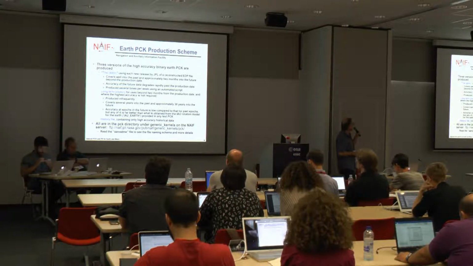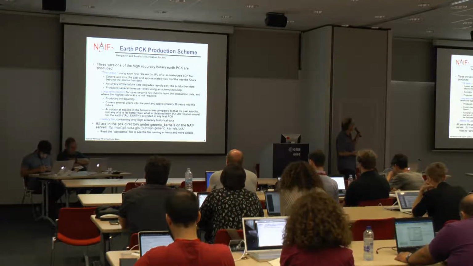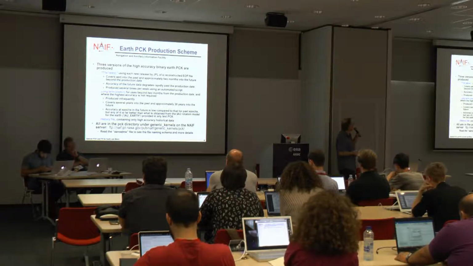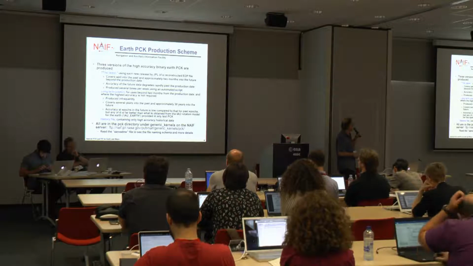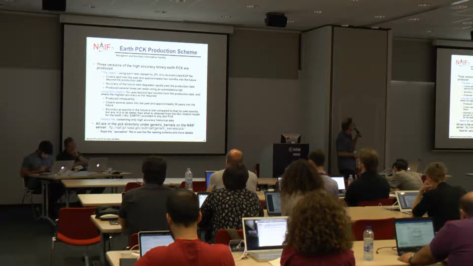And accuracy at epochs in the future is low compared to that for past epochs, but any of it is far better than what's obtained from the IAU rotation model provided by IAU Earth, again, because of that large bias that we just saw. And then there's a history file containing only high accuracy historical data. All of these are in the PCK directory under generic kernels on the NAIF server, located here, and the README file explains the file name schema and provides some more details.